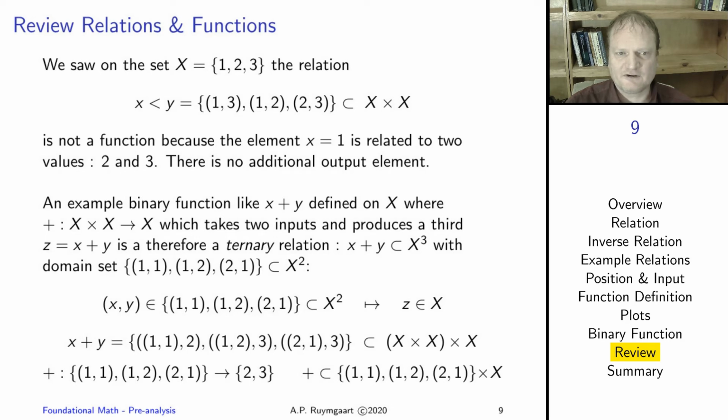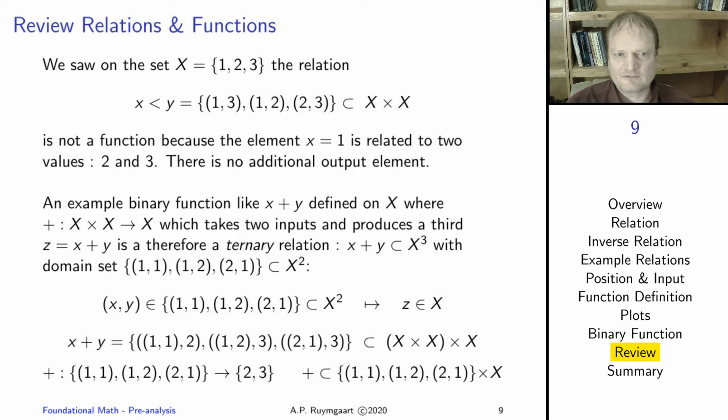Our binary function is the function x plus y producing a third element z as the output, so z equals x plus y. Therefore, our function is a subset of the triple Cartesian product of the set X. Now all we're doing here in addition is defining this function only on a specific domain, a specific subset.